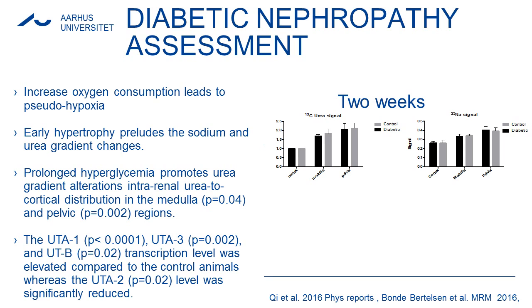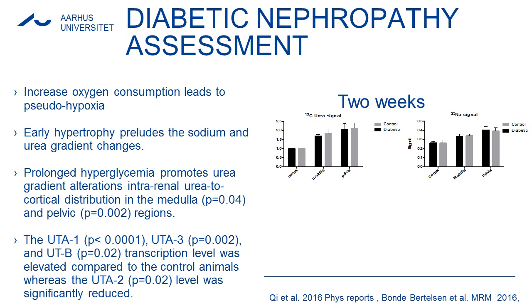So we used our STZ-induced rat, and we looked at pseudohypoxia 2 weeks after induction of diabetes. And what we saw here was that there was no change in the hyperpolarized urea signal nor in the sodium gradient when we were looking at the gradient normalized to the cortical tissue.